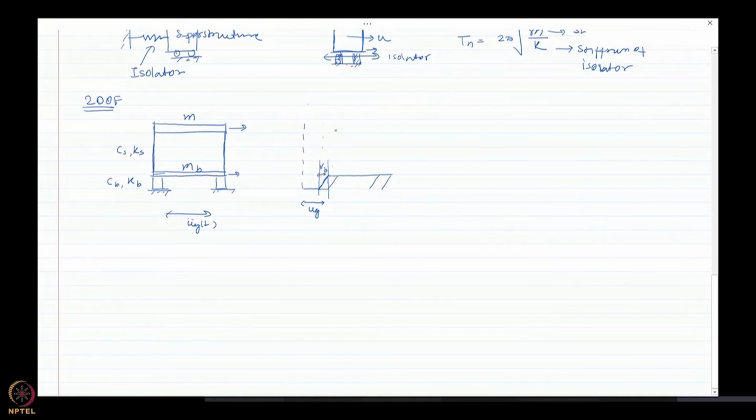Now the superstructure would also have some relative deformation. Let me just draw it here.